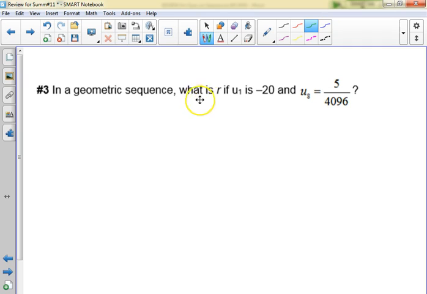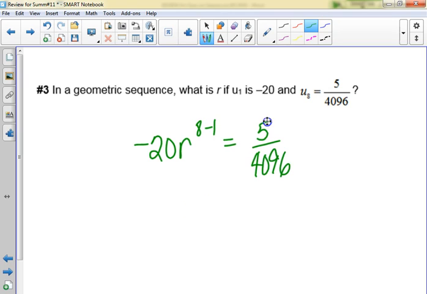In a geometric sequence, what is R if the first term is negative 20 and the, what does that say? Eighth term? Okay. So it was multiplied by R 8 minus 1 times and became 5 over, is that the nice disgusting answer? Okay. So how are we going to do that? Could I have made these a little more disgusting?